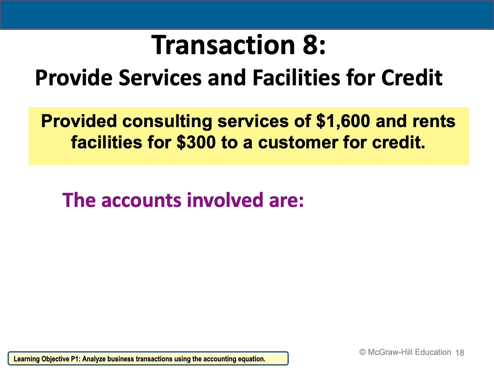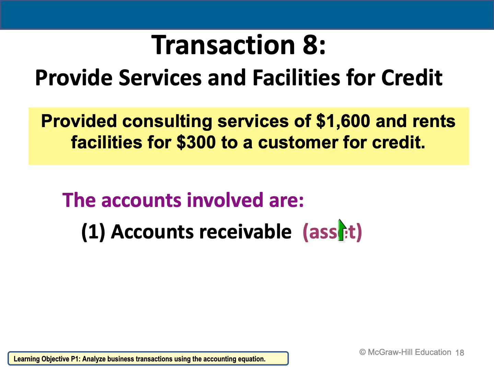In this case, if I'm expecting the money from the customer to be received in the future, then I'm going to say accounts receivable. Accounts receivable is an asset and it's going to increase. Why increase? Because I'm expecting to receive the cash from the customer.